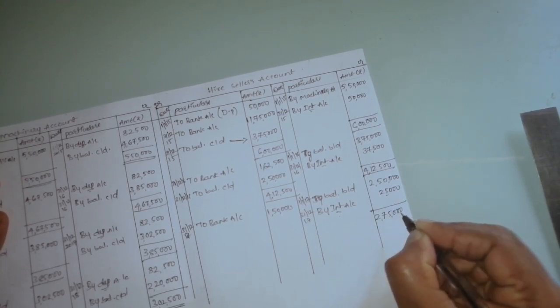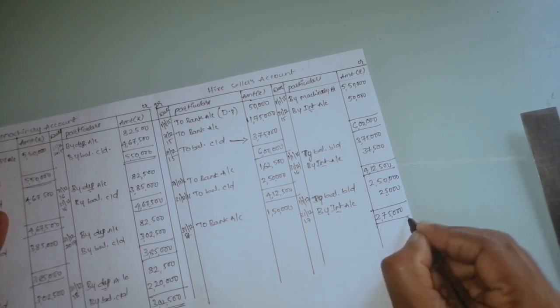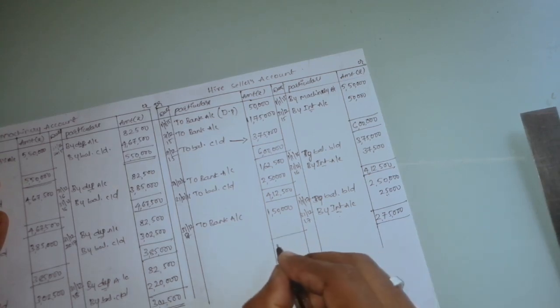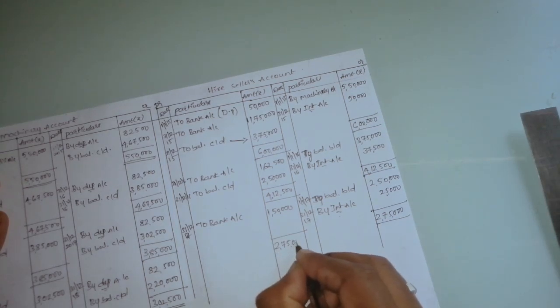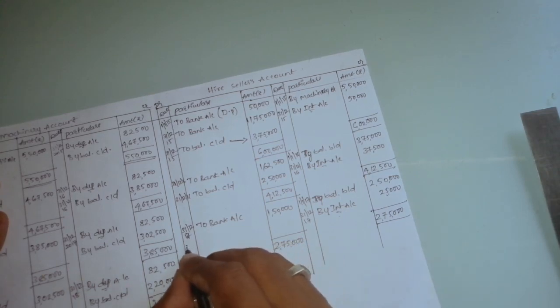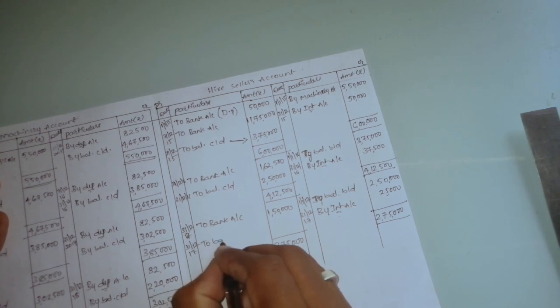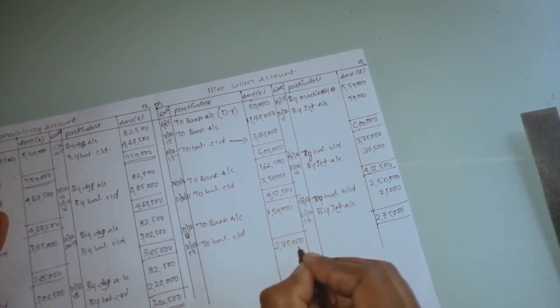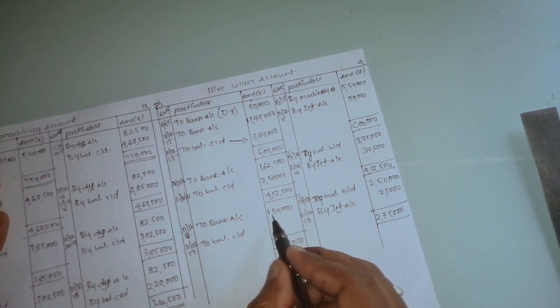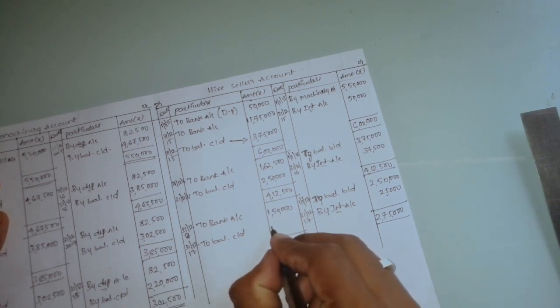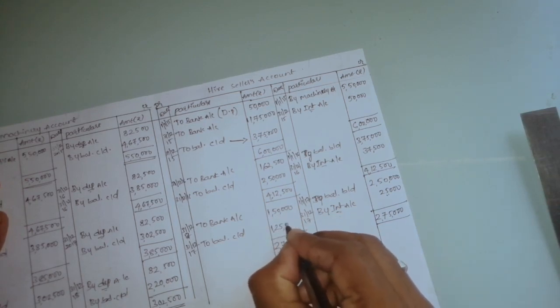Total 2,75,000. So on 31st 12 2017, to balance carry down: 2,75,000 minus 1,50,000 leaves 1,25,000.